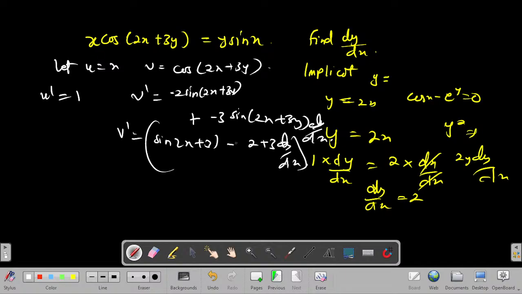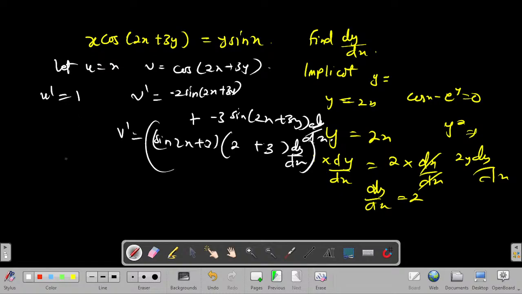So it is fine, right? So I factorize this out here so that I'll have x plus 3y dy over dx, to get 2 plus 3 dy over dx.